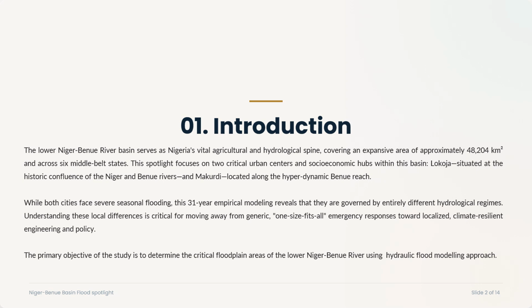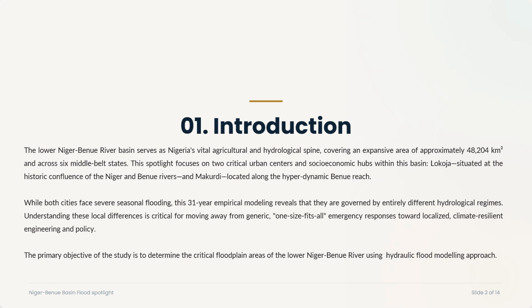Despite that both are suffering from seasonal flooding, long-term modeling emanating from this study shows that they operate under distinct hydrological systems. Recognizing these differences is essential to replace generic flood responses with tailored climate resilience policy and engineering solutions.